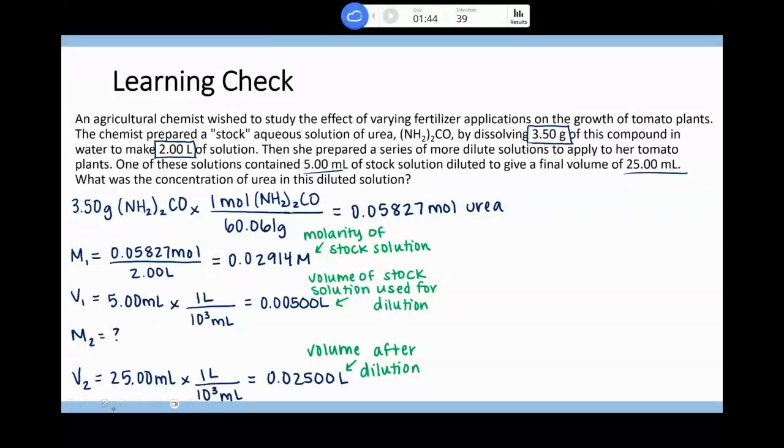So this is the volume after dilution. We've got M1, V1, and V2, and we use M1V1 equals M2V2 to solve for M2.